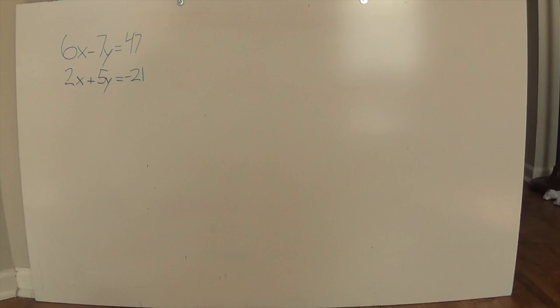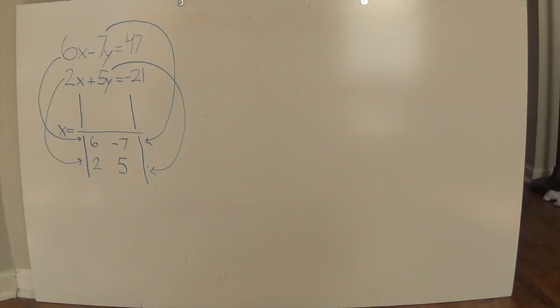So for example, we could have a system of equations that says 6x minus 7y equals 47, and 2x plus 5y equals negative 21. Your first step is to take the 6 and the 2 and the negative 7 and the 5 and plug them into your denominator.